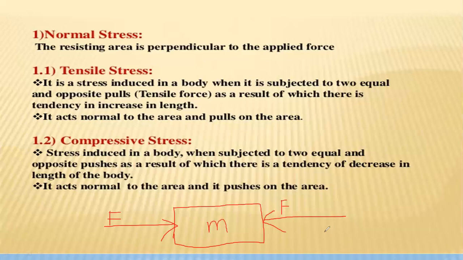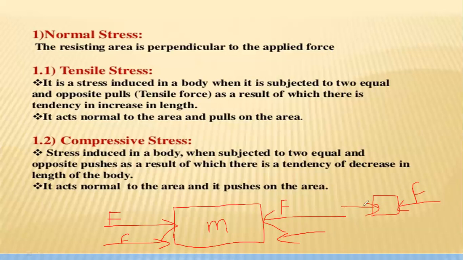Why? Because the force is applied in this direction, and the force is applied in the opposite direction to that body. So the length of the object should be decreased. You can see how the stresses are finally applied on that body.